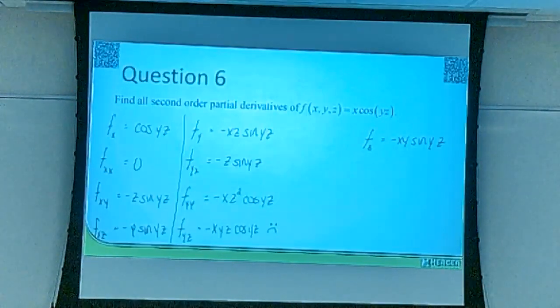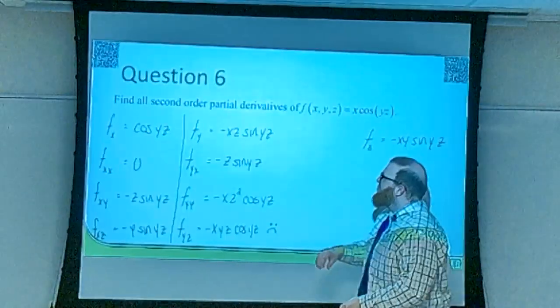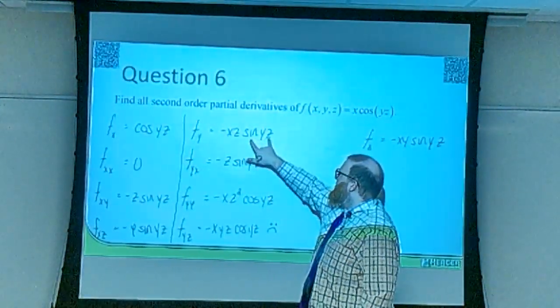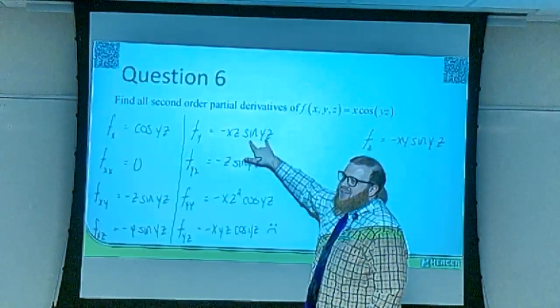Negative x, y, plus 7, y, z. Because with respect to these two... Oh, no, it's wrong. That's a function of z. Isn't this also a function of z? Yeah, this is product rule.